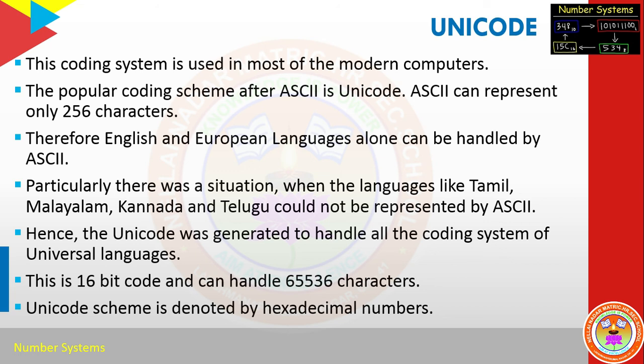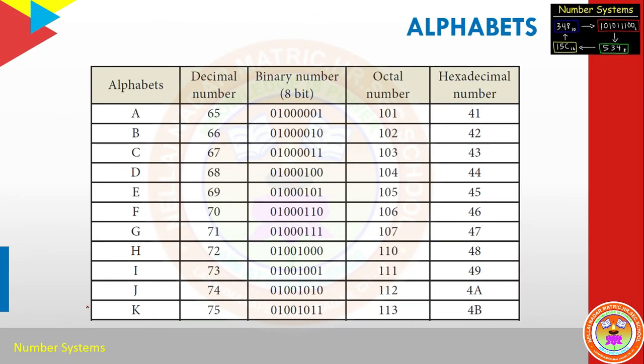Right. So these are the alphabets, and these are the decimal numbers, and these are the binary number format, 8-bit format especially. These are the octal numbers, and these are the hexadecimal numbers. Each and every alphabet has an individual decimal number or binary number. You just convert or use these values.